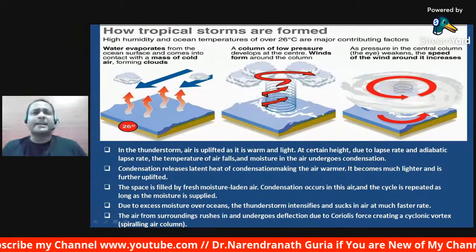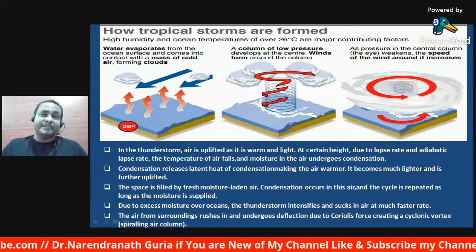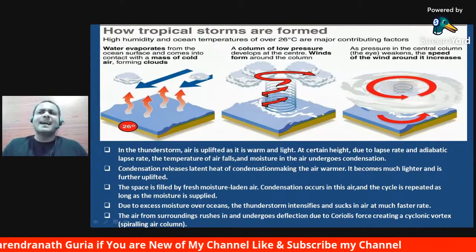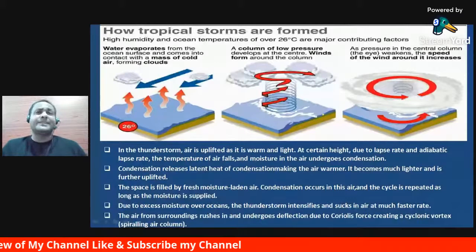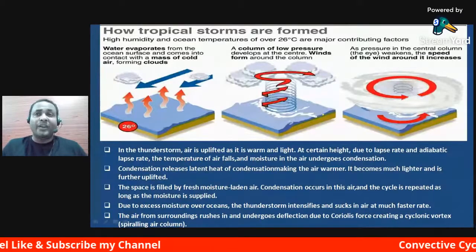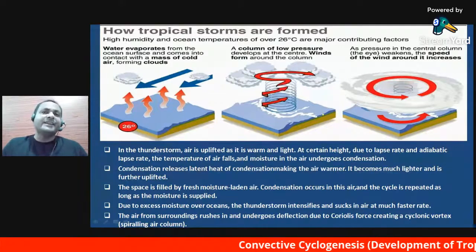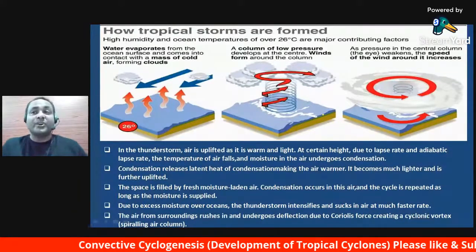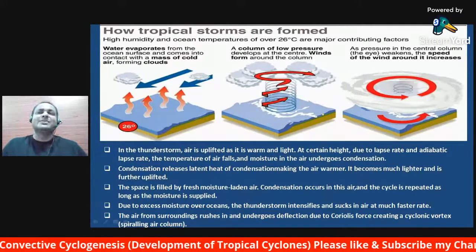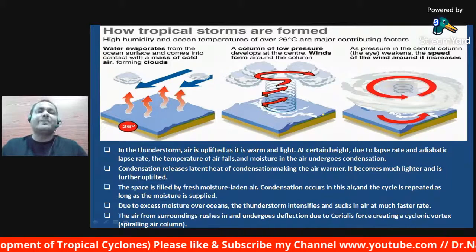In a thunderstorm, air is uplifted as it is warm and light, and at a certain height, due to the lapse rate and adiabatic lapse rate, the temperature of the air falls and the moisture in the air undergoes condensation. Condensation releases latent heat of condensation, making the air warmer and much lighter, and it is further uplifted.